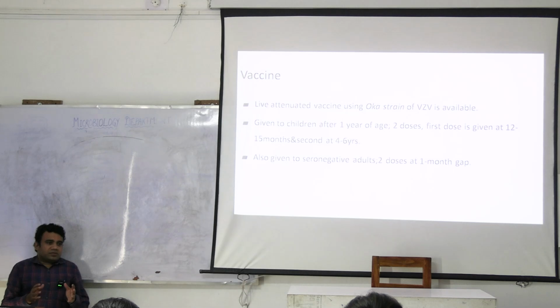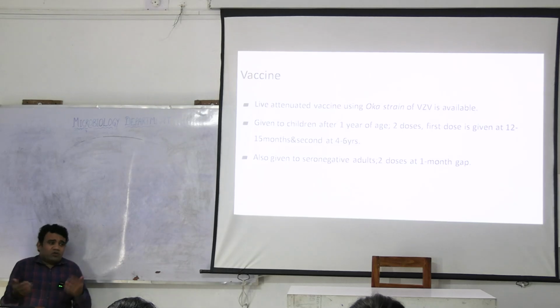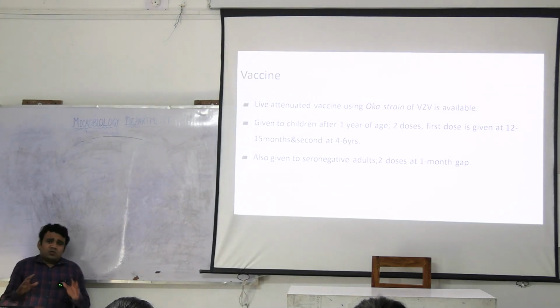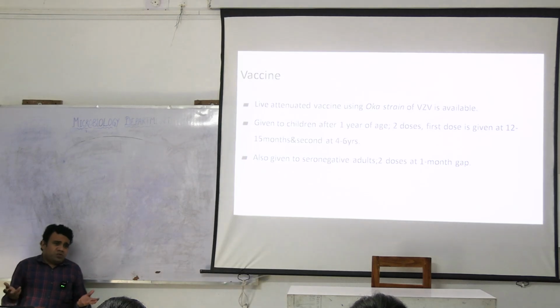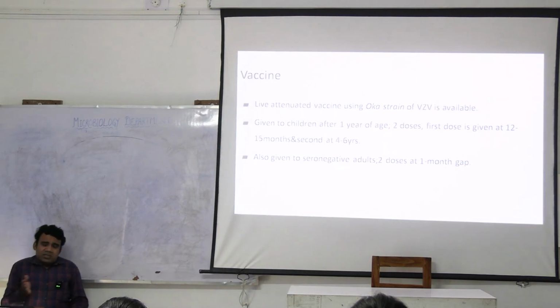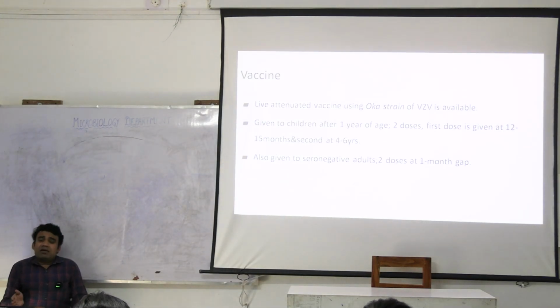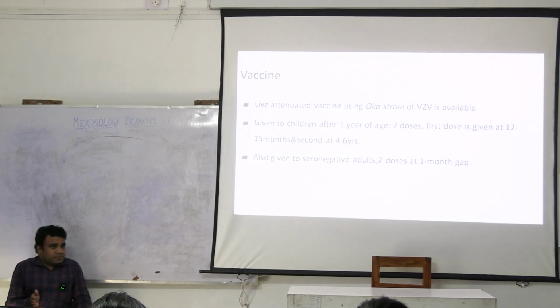You have two options. Either you can wait and see whether you get the disease or not, and when you have the disease, you can go for the antiviral therapy. This is what is normally advised, because if you are immune competent, it's fine. But suppose you can't take that risk, then we can advise you to take the varicella vaccine.